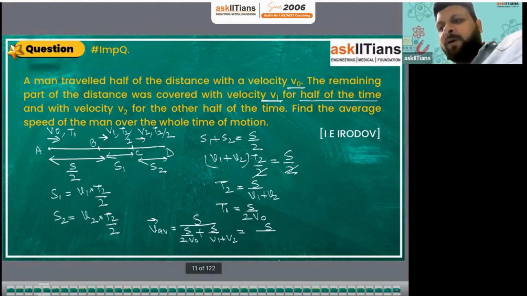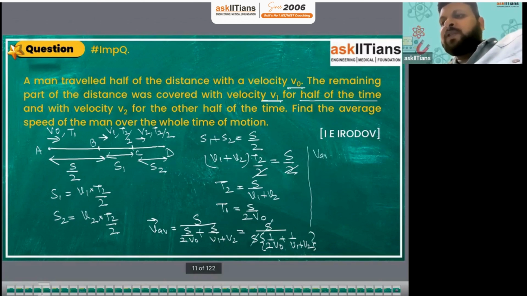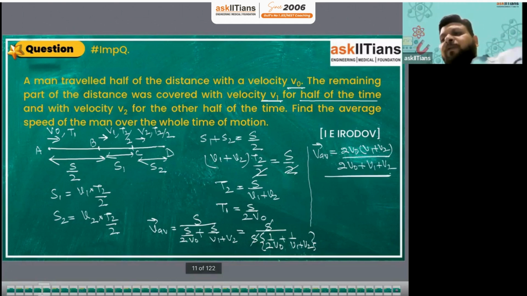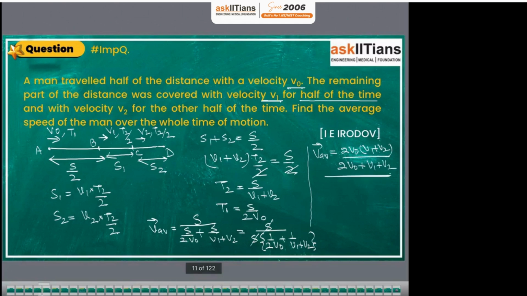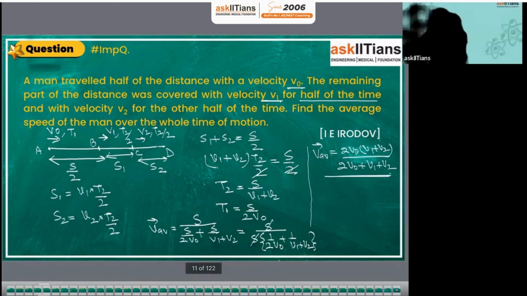So S will be common and you will have 1 upon 2v0 plus 1 upon v1 plus v2. S will be cancelled. And finally, v average will be equal to 2v0 times (v1 plus v2) divided by 2v0 plus (v1 plus v2). This is how we can find out average speed actually.